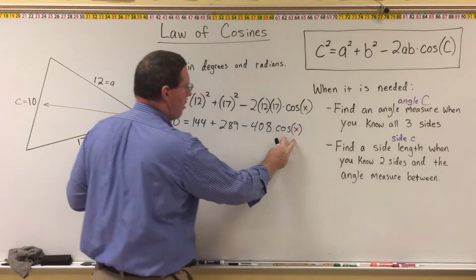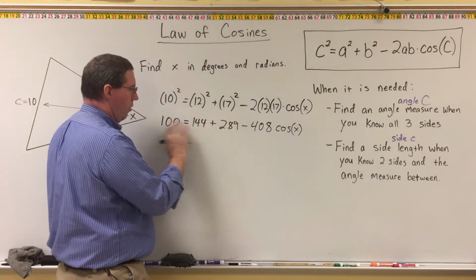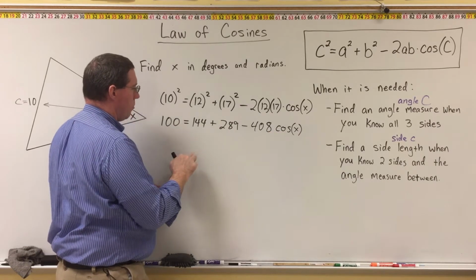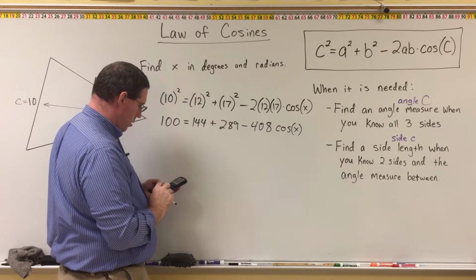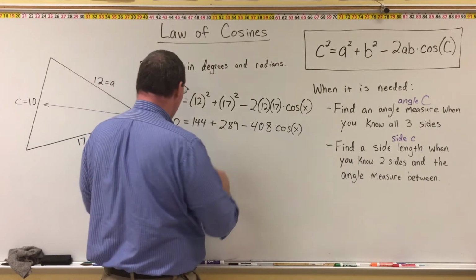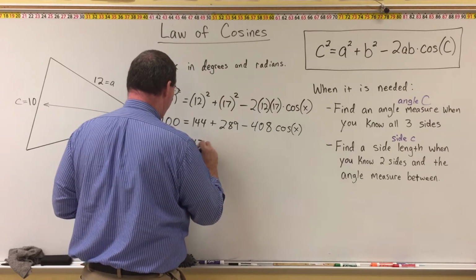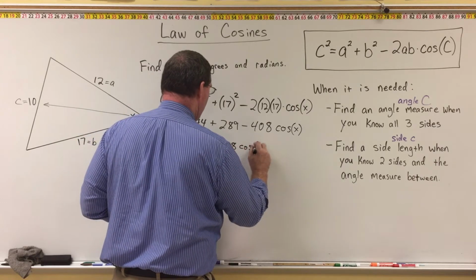Now let's not mess with this cosine of x for a little while. Let's work out all of this other arithmetic and algebra, and this will be one of the last things we do. So 144 plus 289 is 433. So we got 100 equals 433 minus 408 cosine of x.